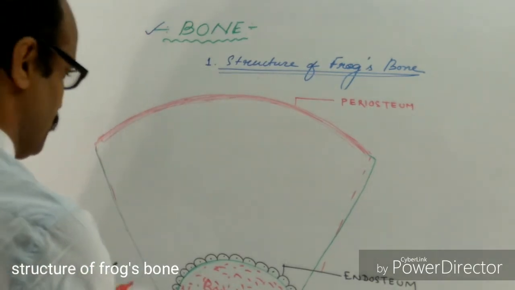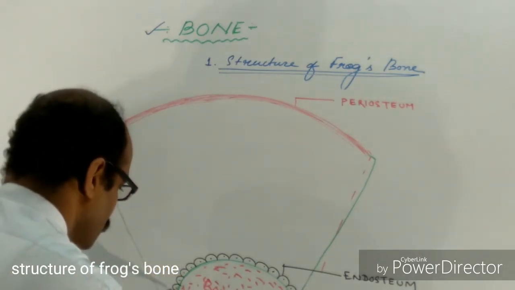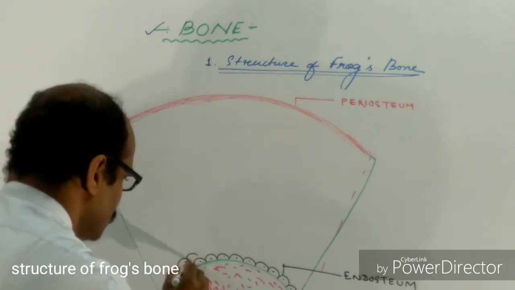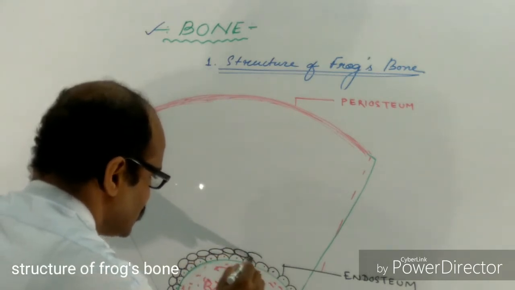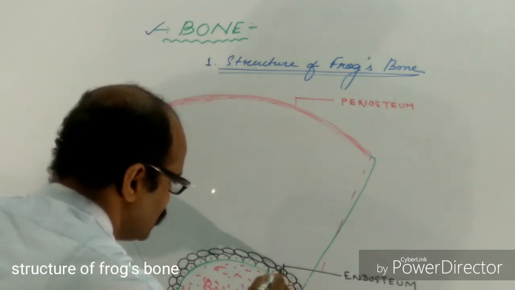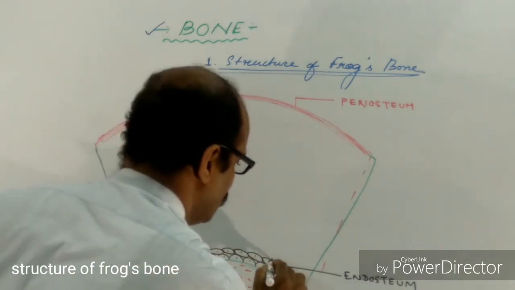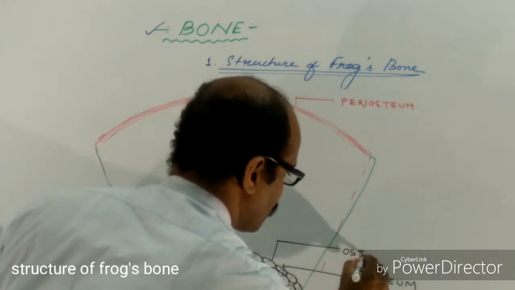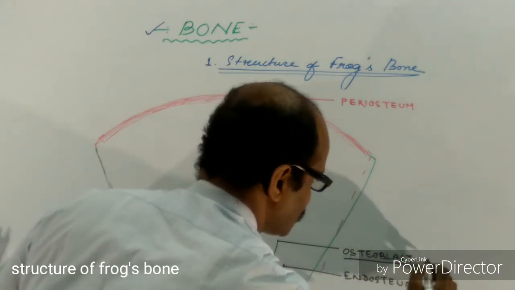Here, the endosteum cells actually constitute osteoblast cells. So the cells of the endosteum are known as osteoblast cells.